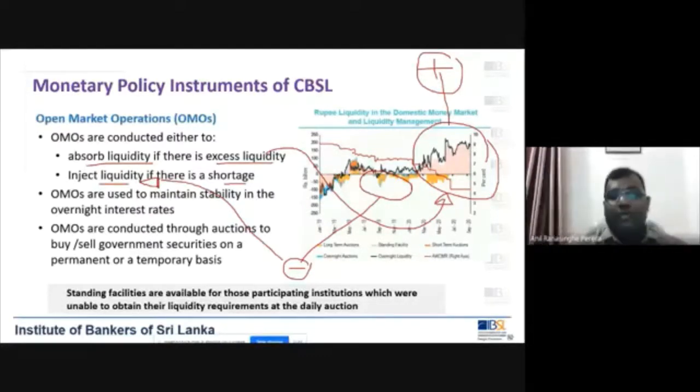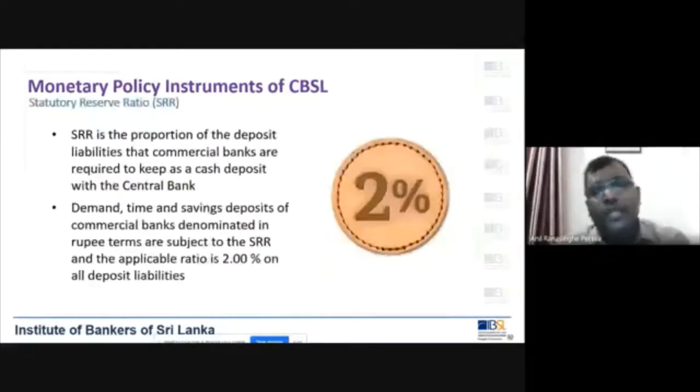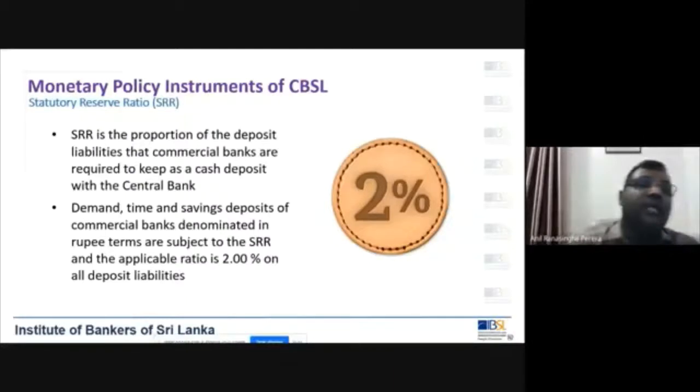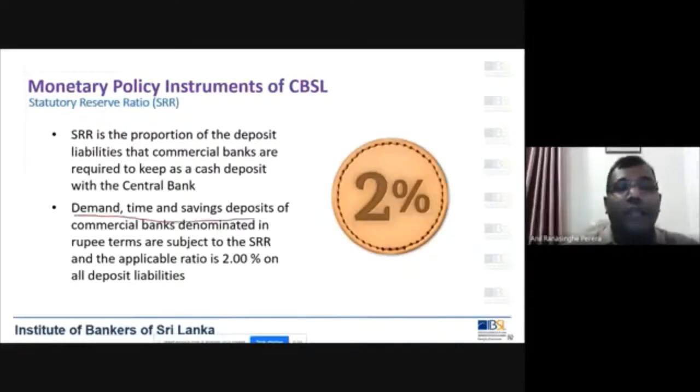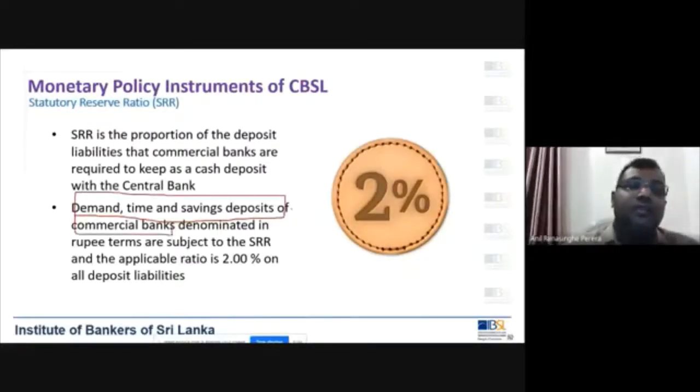Under open market operations. Then statutory reserve ratio. I think we already know what the statutory reserve ratio is. Banks are supposed to keep a certain percentage at the central bank as a deposit. So in Sri Lanka, on all demand, time and savings deposits of commercial banks in rupees, they have to keep a percentage as SRR at the central bank.